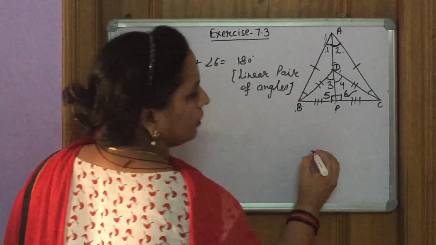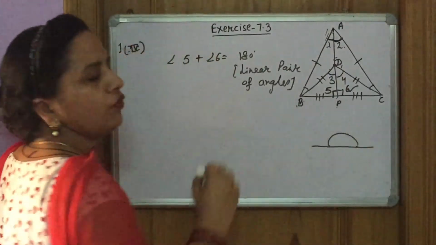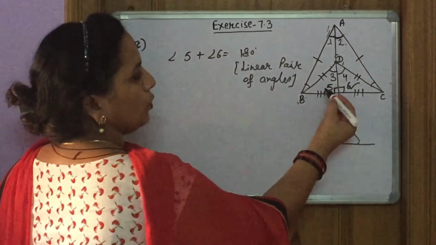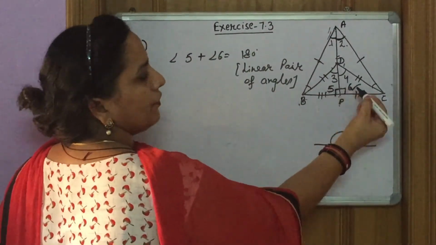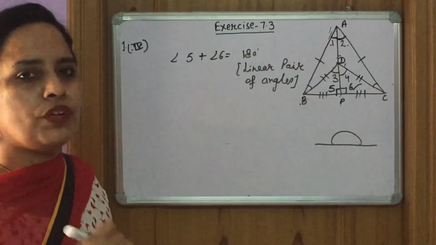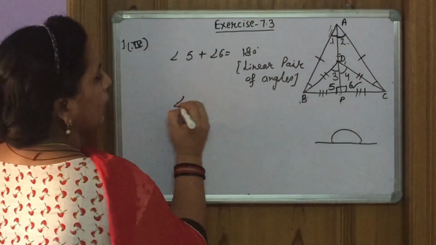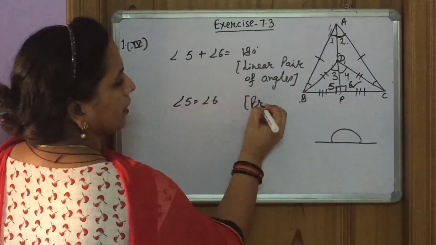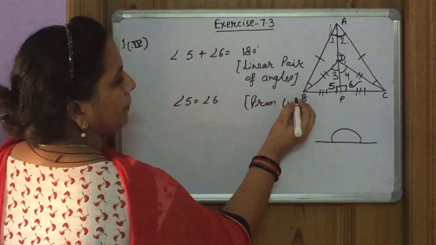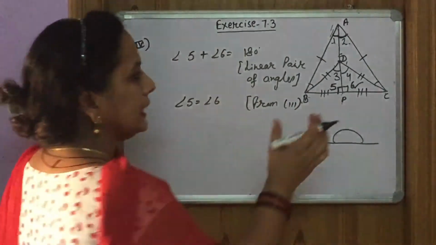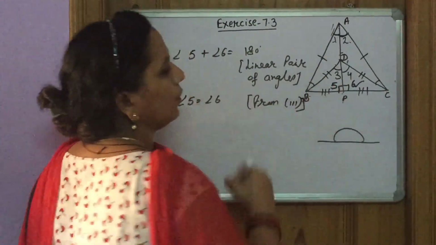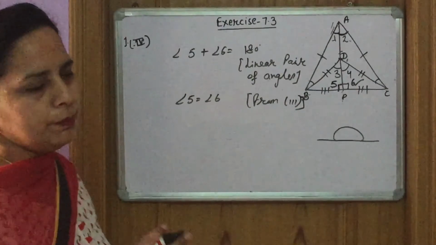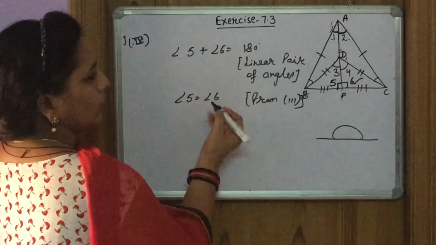We know that on a straight line there is an angle of 180 degrees. Also angle 5 is equal to angle 6, because from the third part we have already shown that these two triangles are congruent. That means all the parts will be equal. So angle 5 is equal to angle 6.